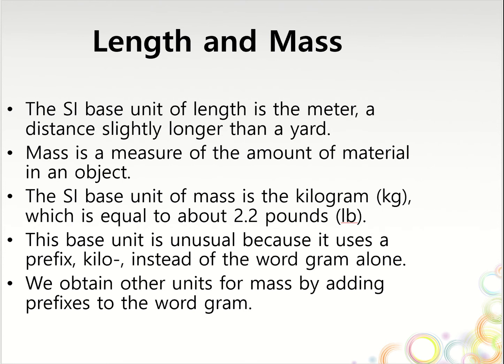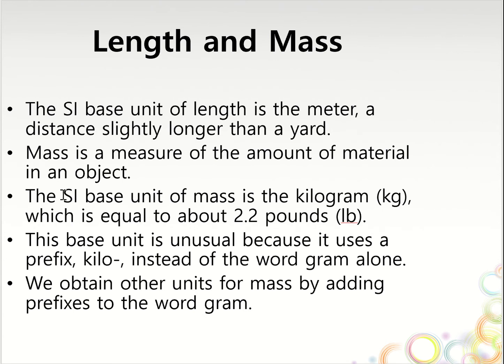We need to understand that our SI base unit for mass is kilogram, and though we may see other measurements, we need to stick with the SI base unit. Of course, we will see further how we can convert between various units.